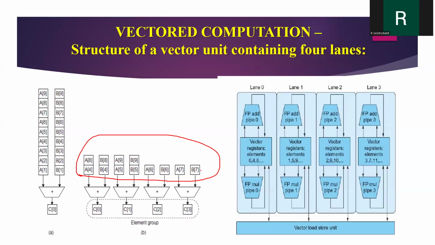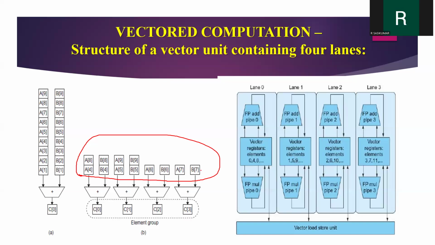In lane 0, we have floating point addition pipeline 0, floating point multiplication pipeline 0, and vector register elements: the 0th element, 4th element, 8th element, 12th element, 16th element, in terms of a difference of 4. In lane 1, floating point addition pipeline 1, floating point multiplication pipeline 1, and the vector register elements are the first, fifth, ninth, 13th element, etc. In lane 2, we have floating point addition pipeline 2, floating point multiplication pipeline 2, and vector register elements 2, 6, 10, 14, etc. And in lane 3, floating point addition pipeline 3, floating point multiplication pipeline 3, and vector register elements 3, 7, 11, and 15, etc.